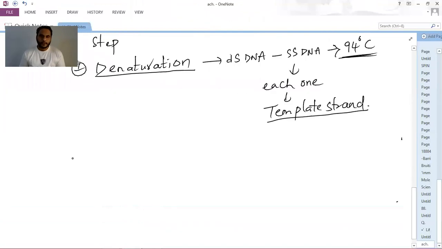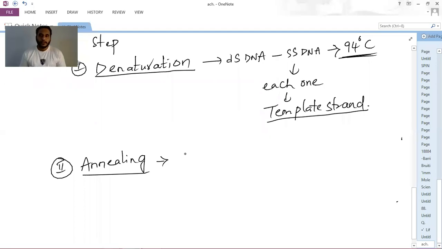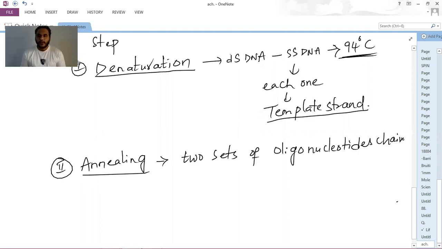Next, second step, annealing. The annealing step involves two sets of oligonucleotide chains being added to the medium.